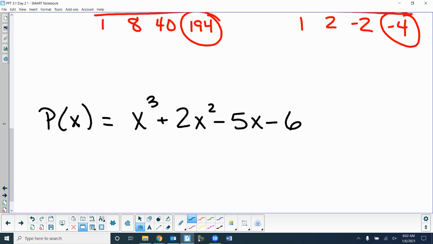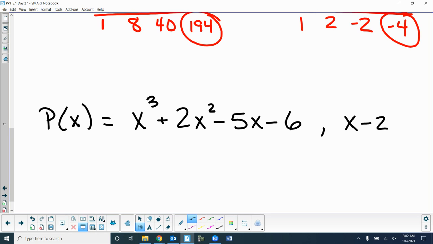And then that goes like this, x minus 2. And the directions say this, and this is what's going to be on your practice quiz and quiz. It says, use synthetic division and the factor theorem to determine whether the given binomial is a factor of P of x. So what we're trying to figure out is, is this a factor of this?